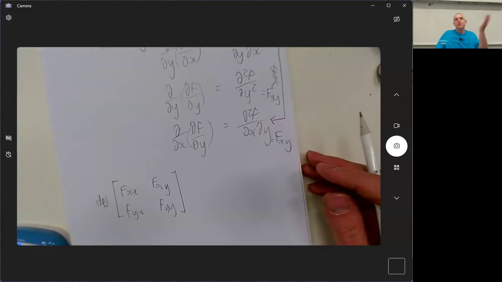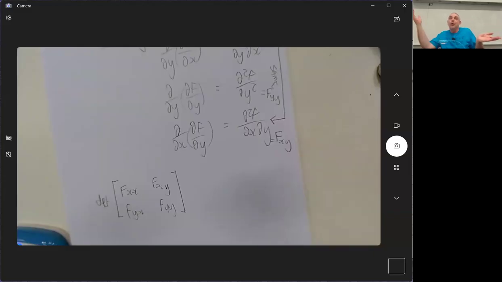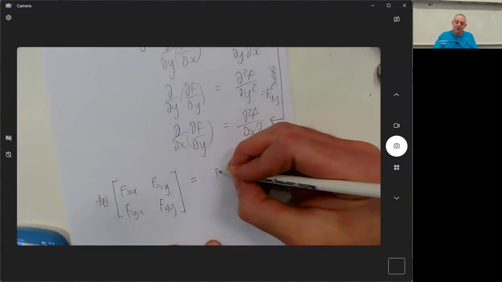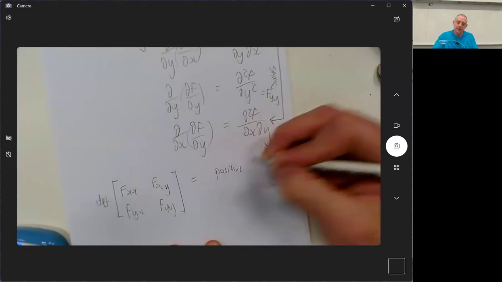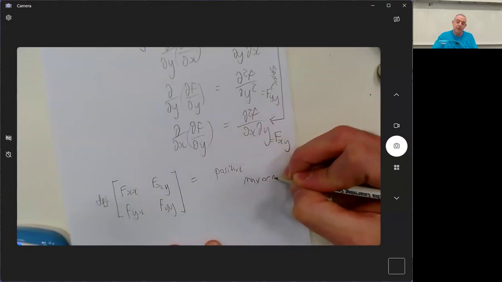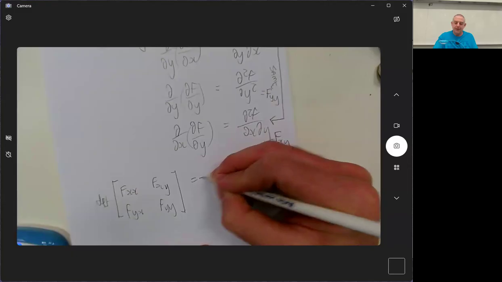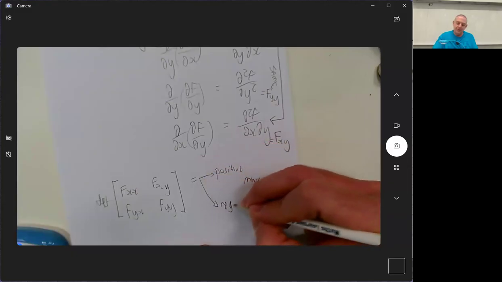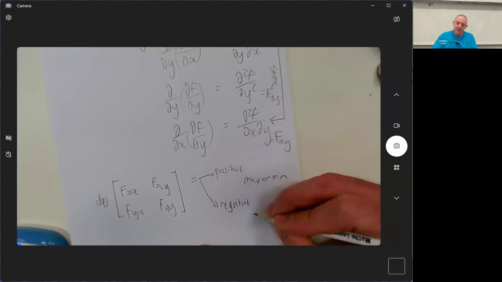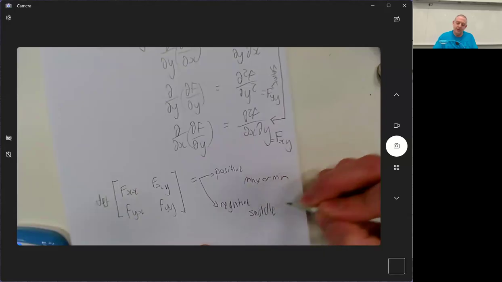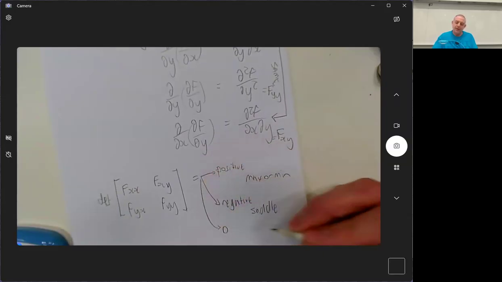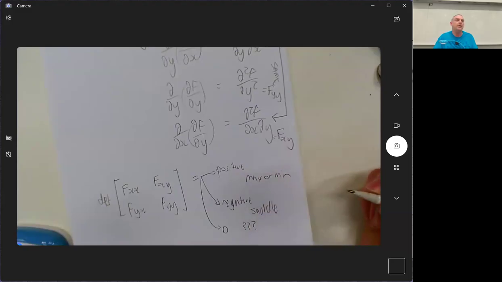That will tell you whether it's a maximum, a minimum, or neither: a saddle point, which is a maximum in some directions and a minimum in other directions. If this comes out positive, then it's a maximum or minimum, but you don't know which one it is yet. If it comes out negative, then it's a saddle point. And if it comes out to 0, then nobody knows. It could be anything.